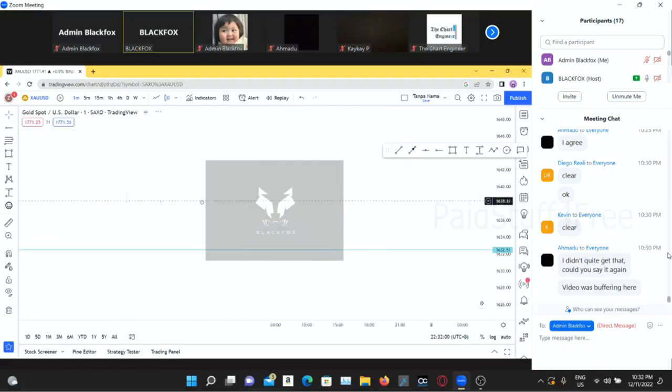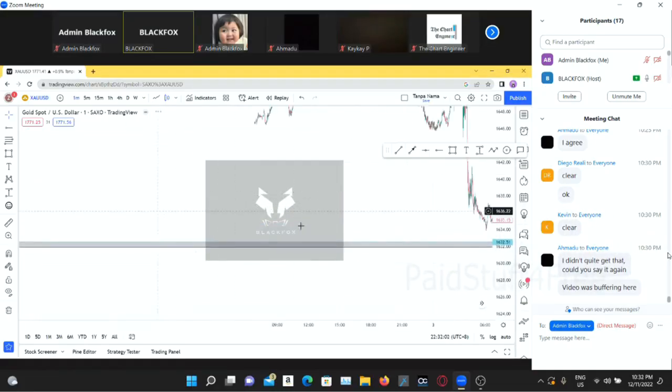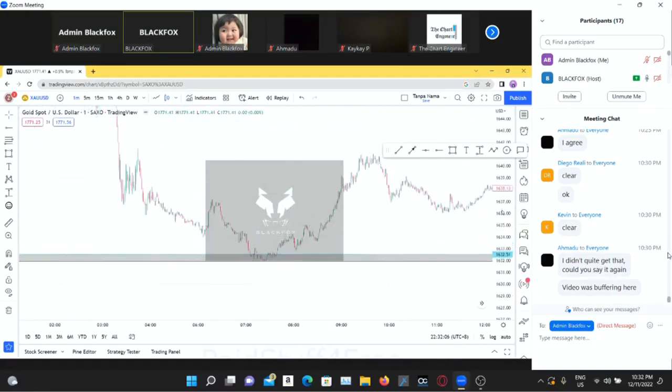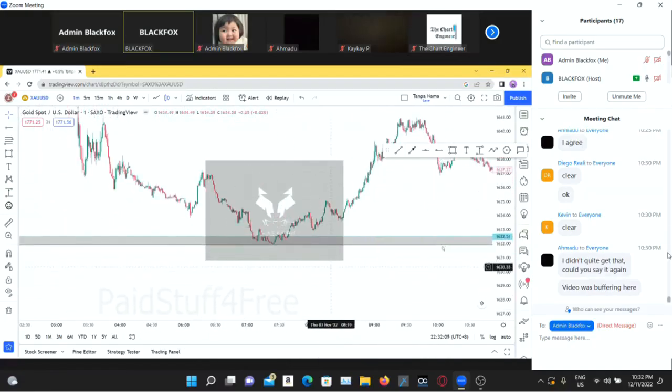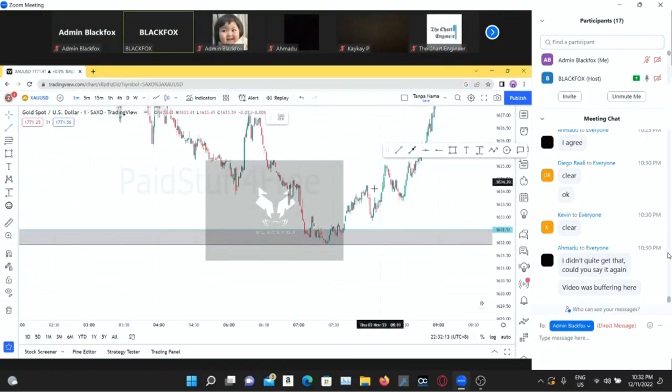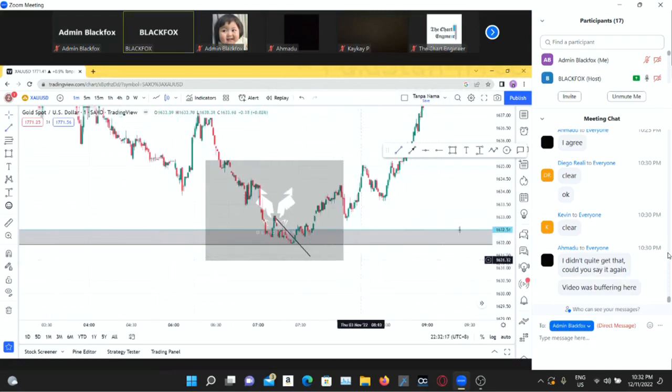To find confirmation. Okay, so when the price comes inside this zone, you guys just monitor the M1 structure. Take your trend line, pull the trend line, and wait for the trend line breakout.